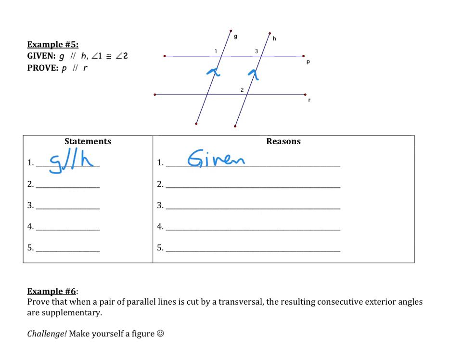I'm looking for an angle on line G and an angle on line H that have some type of relationship. So Karina, did you find a relationship for line G and H? Well, we already have parallel. I need a set of angles.